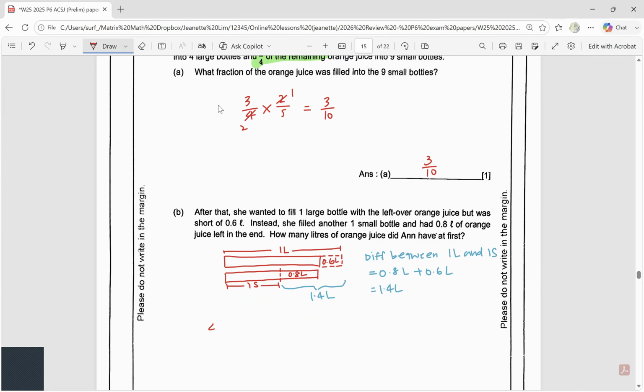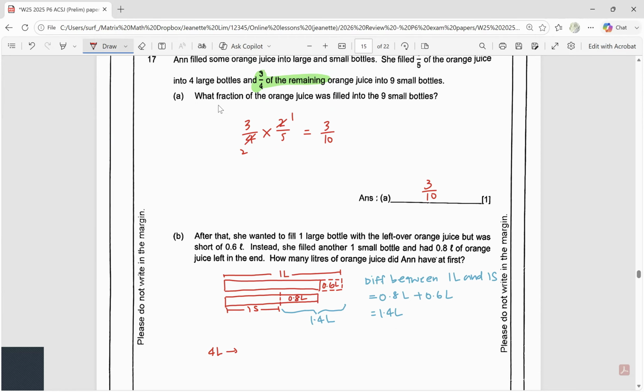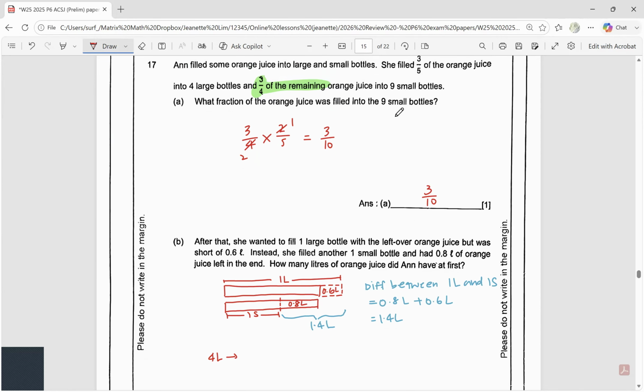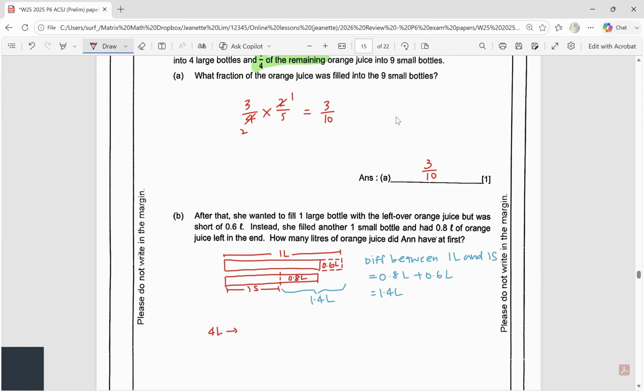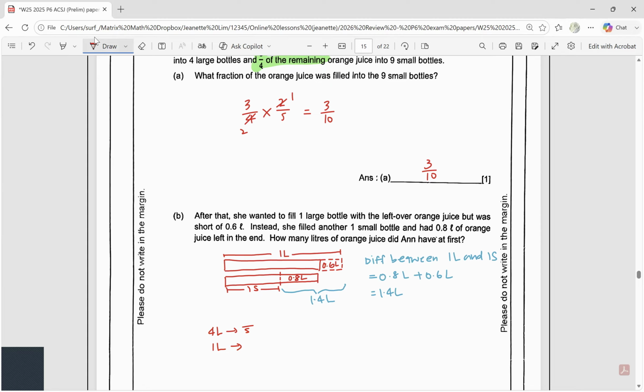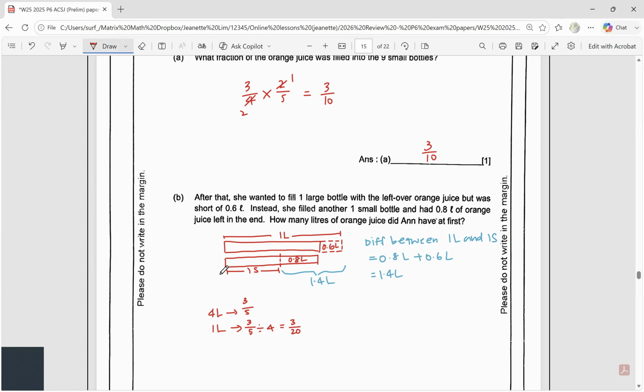So if 4 large use up 3/5 of the total, then 1 large will be 3/5 divided by 4, which is 3/20 of the total.